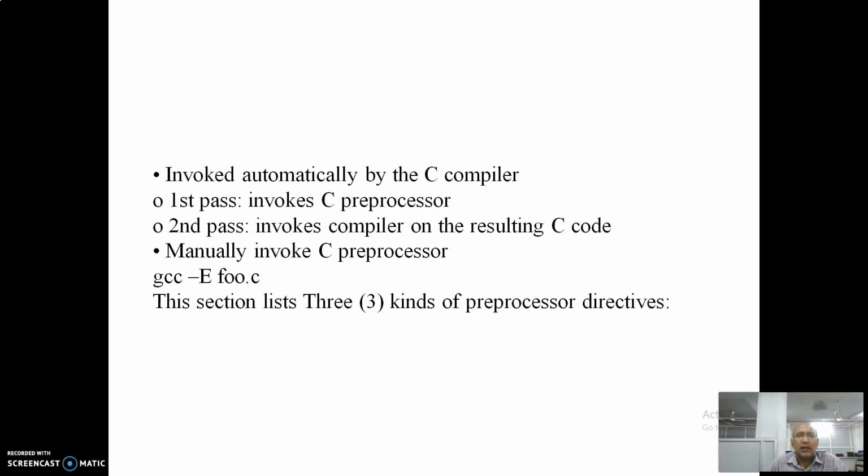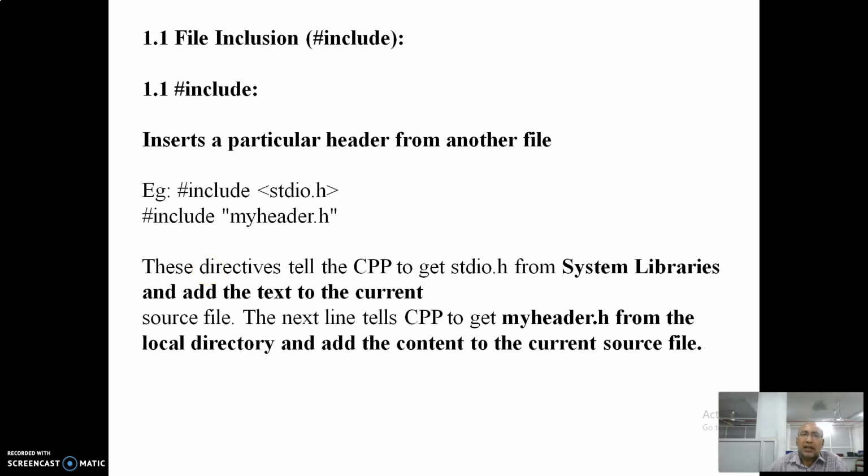Now, when you observe this, this section contains three kinds of preprocessor directives. The first one is file inclusion, that means hash include.